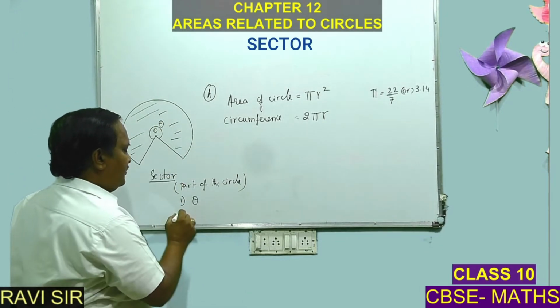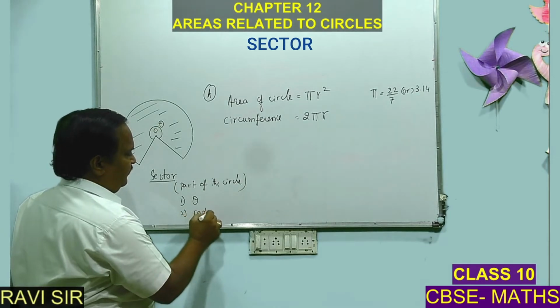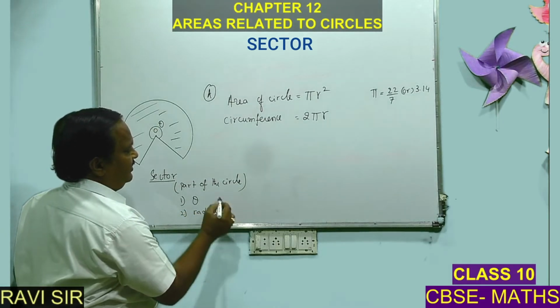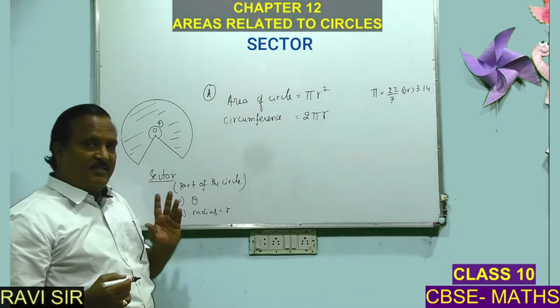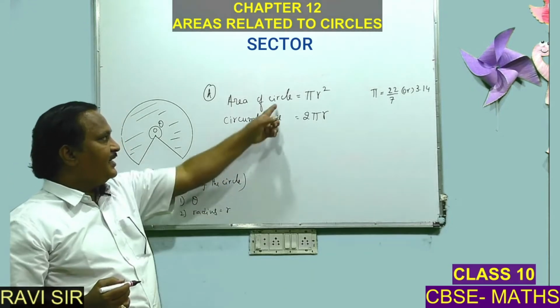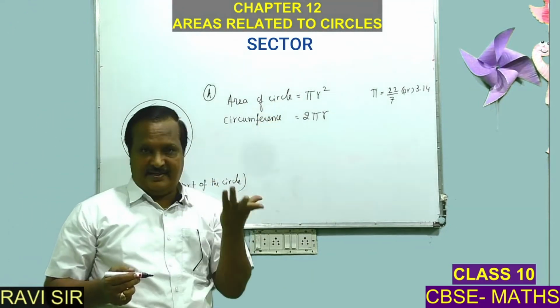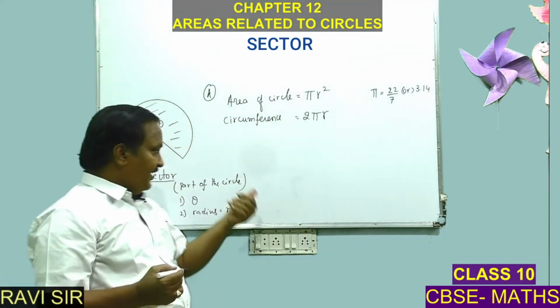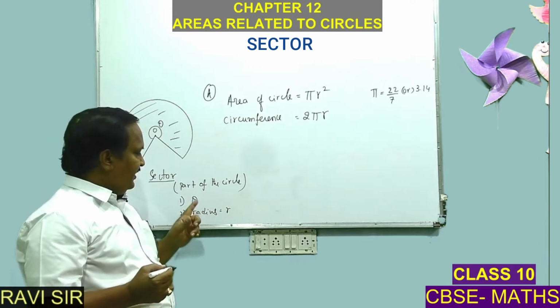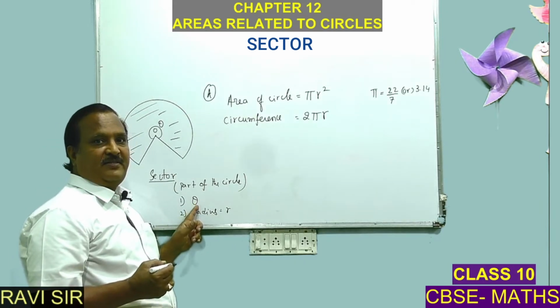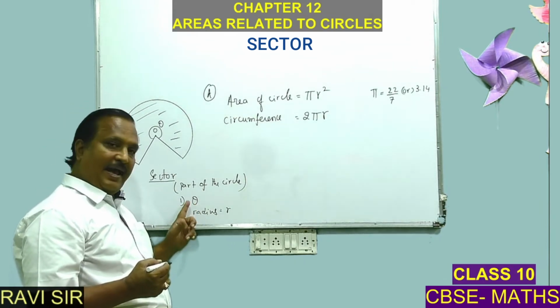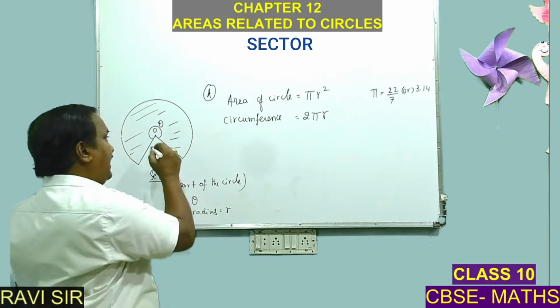Of course we have the radius also. So for a sector, you need two things. For a circle, you need only one thing, the radius, right. When it comes to the sector, you need one more measurement, the angle. So this is the angle of the sector.